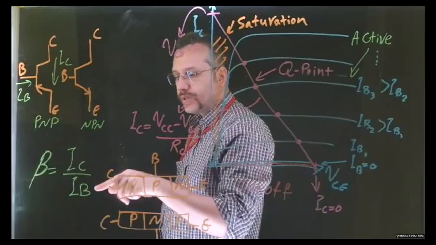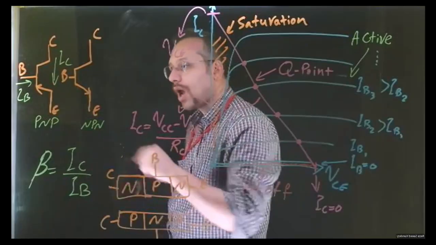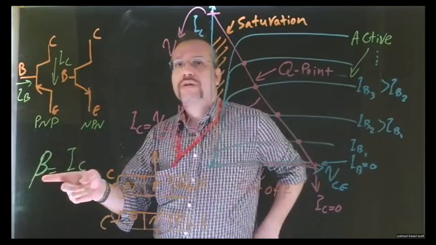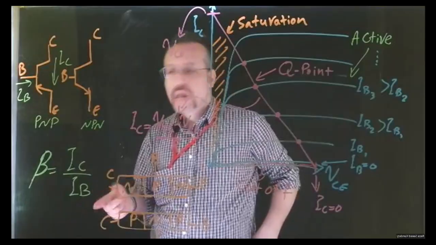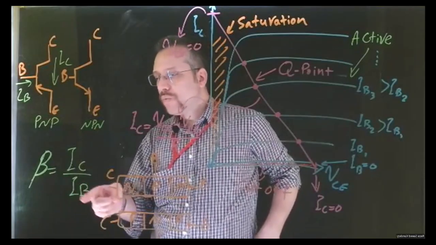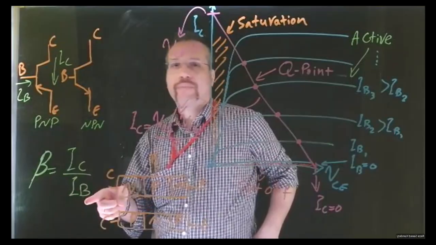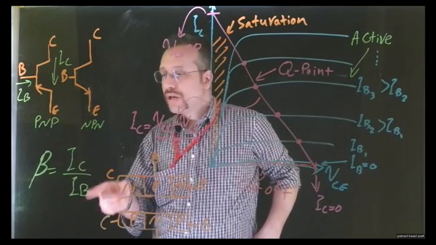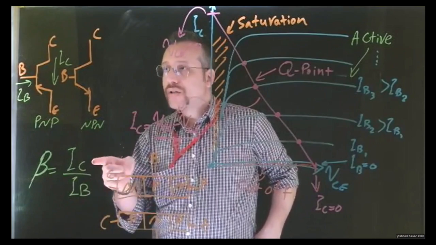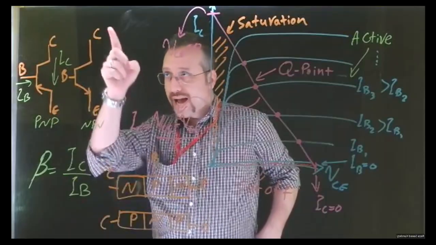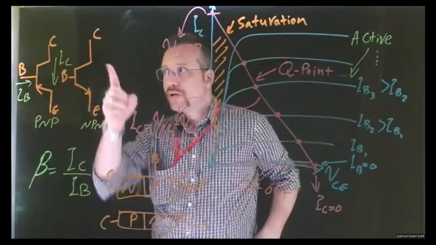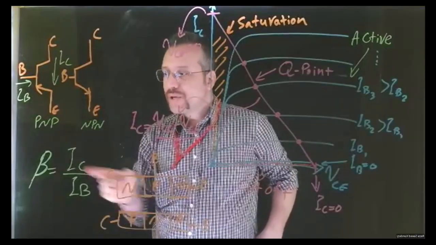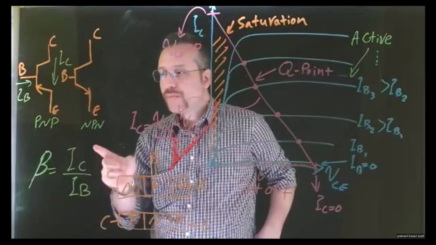For example, if beta is 100 and you inject 1 milliamp in the base, the current passing through the collector, either entering or exiting based on the type, is going to be 100 times that 1 milliamp, or 100 milliamp.